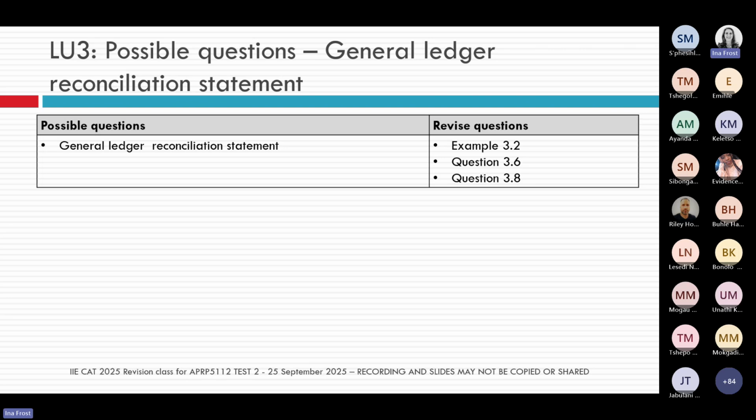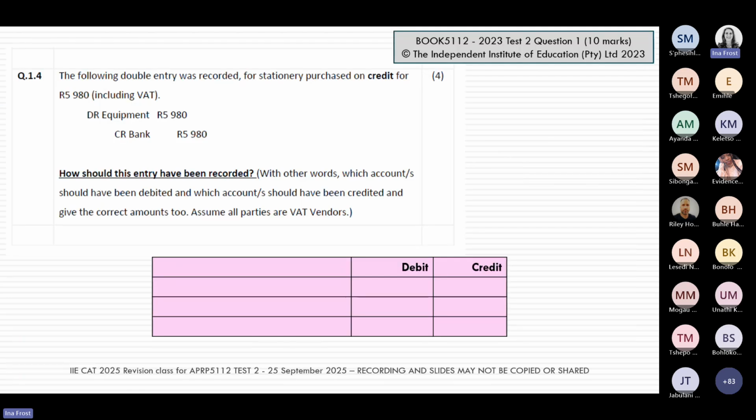So we can ask this topic in one of 2 ways. We can either ask you a full long question like question 3.6 and 3.8, or we can ask it as a sort of a shorter type question. And I wanted to just begin by showing you the shorter type question so that you'll also just be aware that there's different ways in which we can test you on this section.